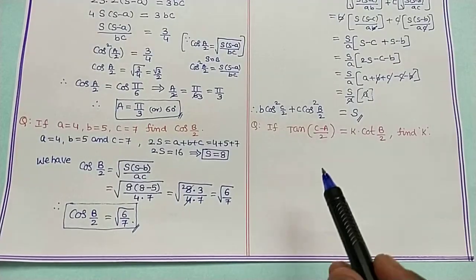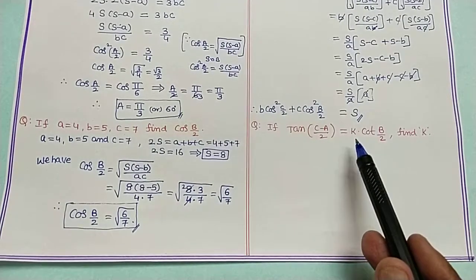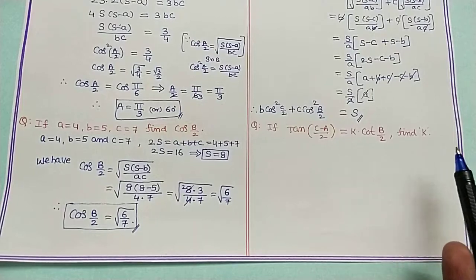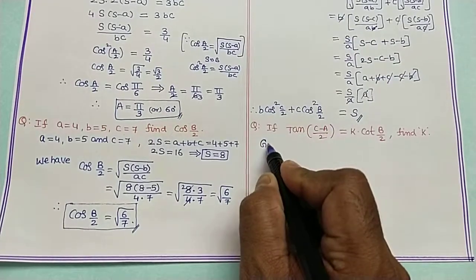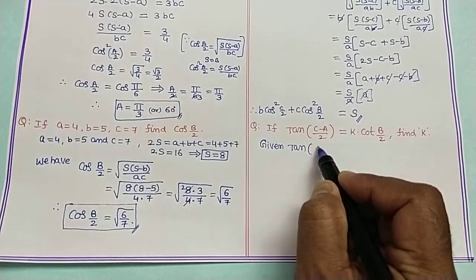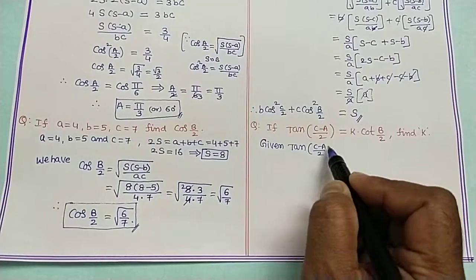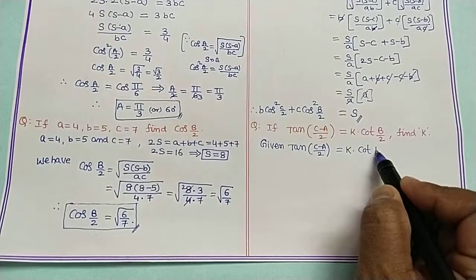The next question. If tan((C minus A)/2) equal to k into cot(B/2), then find k. So first, given: tan((C minus A)/2) equal to k into cot(B/2).